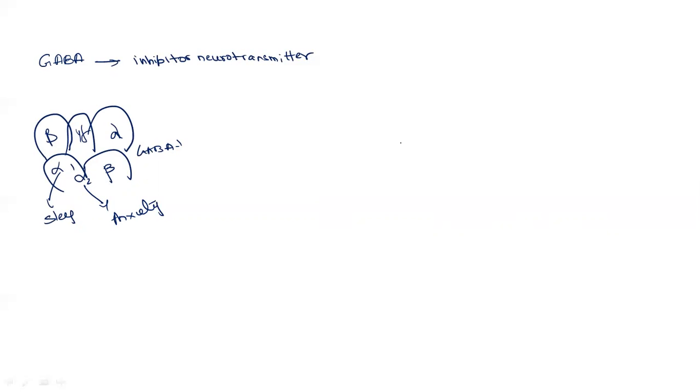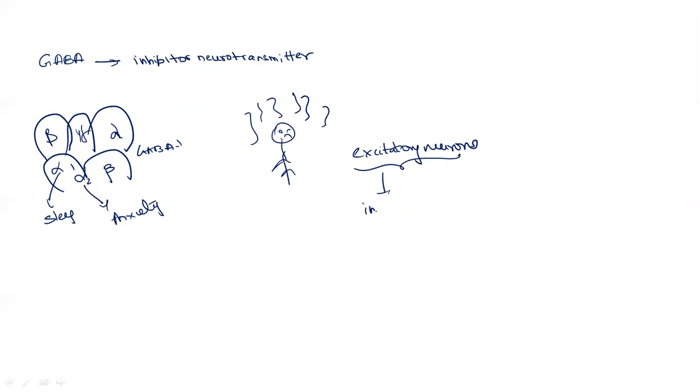Try to remember this example so that you understand GABA. In stress, excitatory neurons are being fired up, and now we need to inhibit them. To inhibit these excitatory neurons, we need inhibitory neurotransmitters.